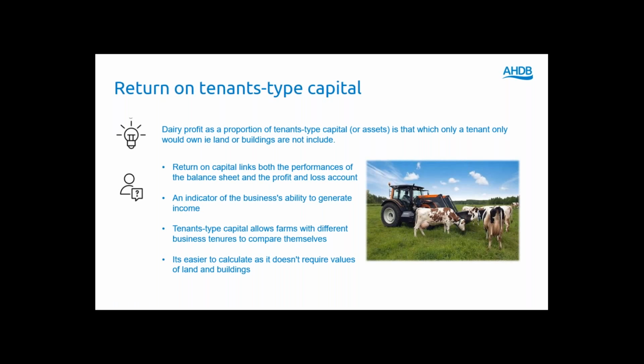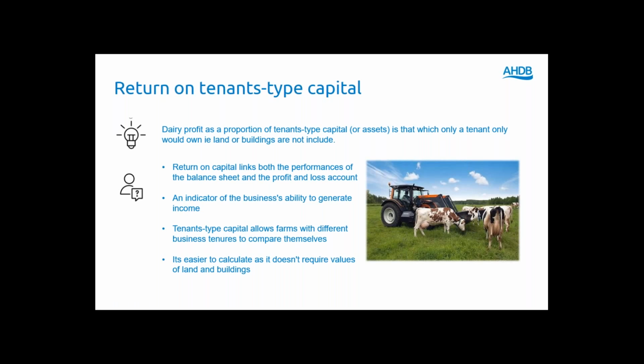What it also does is allow you to compare across different farms and different systems. It's one of these generic measures. Because even owner occupiers would only have to put in their value for machinery, livestock and stocks, it's comparable.